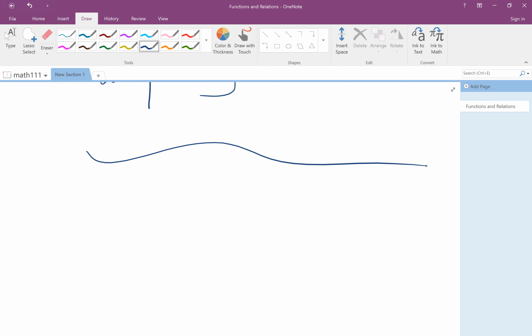Function? Why not? Because the vertical line hits in two spots. So it's not even a function. You would just communicate that, say this isn't a function. They're probably not going to ask you for a domain and range in that situation.